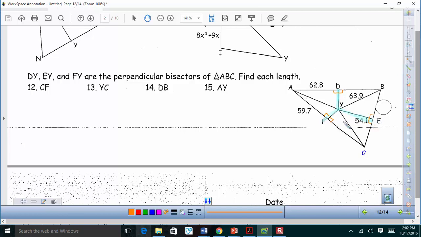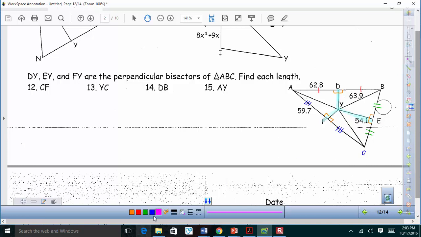And then what does bisect mean? Cuts in half. So where this one hits, it makes AD and DB the same. Where this perpendicular bisector hits, it makes BE and EC the same. And where FY, that perpendicular bisector hits, it makes AF and FC the same. Okay?